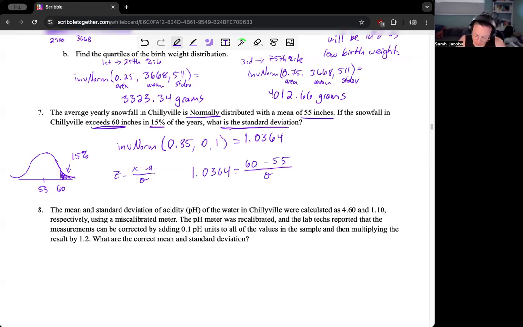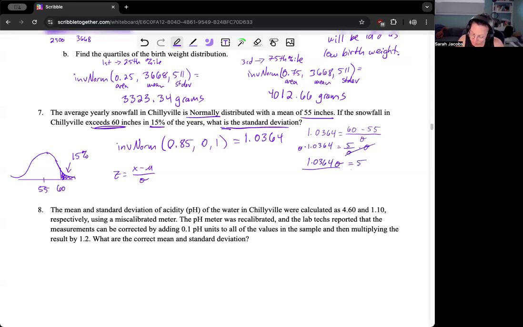Our algebra: I'll do the algebra out. So we're going to get 1.0364 equals 5 over standard deviation. We're going to multiply both sides by the standard deviation, and we're going to get 1.0364 sigma equals 5, because those cancel out.